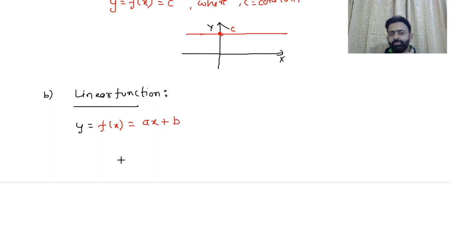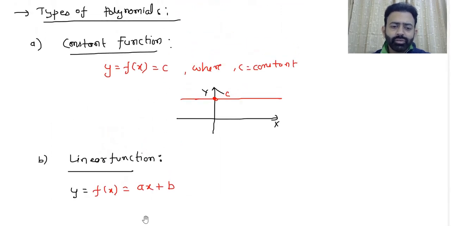Remember, we are categorizing the types of polynomial function only on the basis of the degree of the variable. We started with degree 0, where the constant was there and there was no x, but there was x written like this, x raised to the power 0.